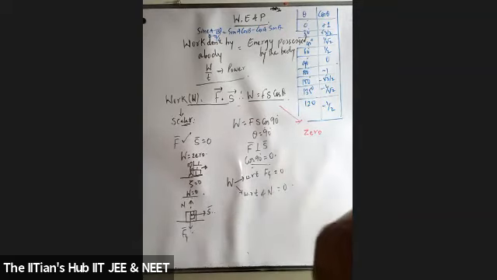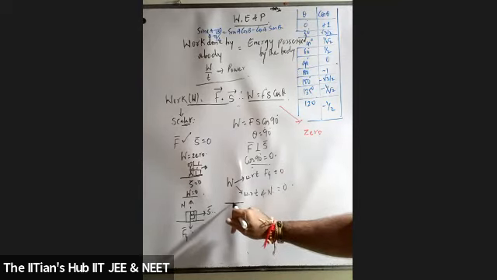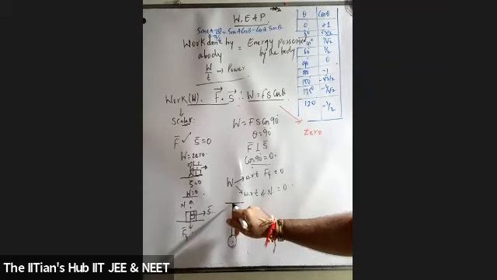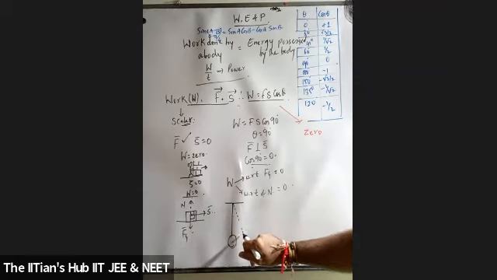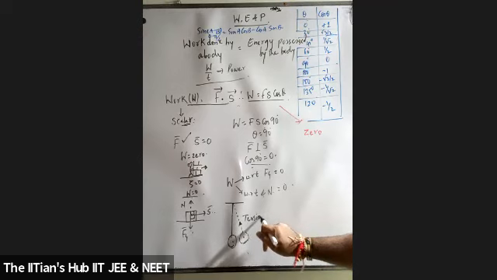Now suppose, if I give an example, students, I have a string, and to this particular string I have connected a bob. Now suppose a bob is undergoing an oscillatory motion. My question to the students, what is the work done by the force of tension in the string?